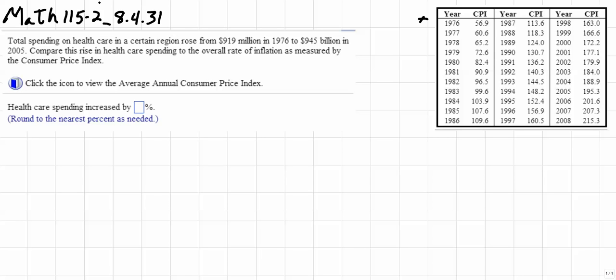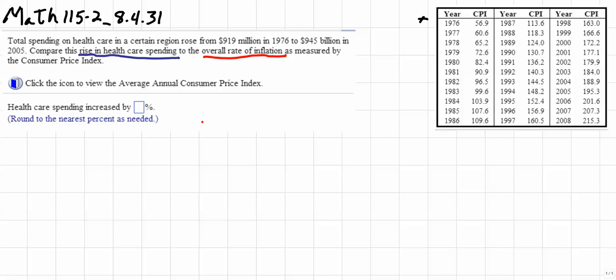Now there's two parts to this problem. We're going to look at the rise in healthcare spending, and then we're going to look at the overall rate of inflation. So that means that we're comparing an original value to the absolute change.